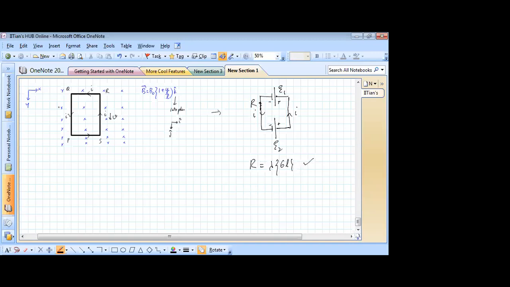Now at some point of time, this has a y coordinate y1 and this has a y coordinate y2.